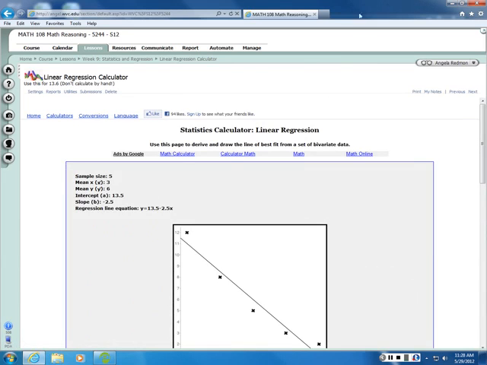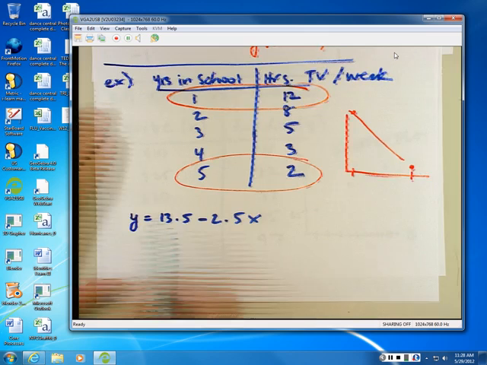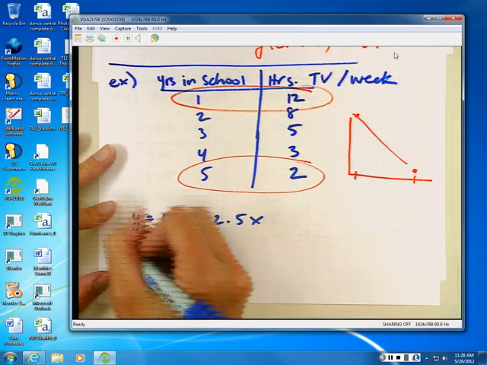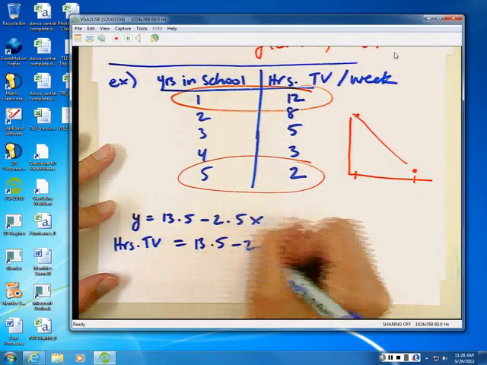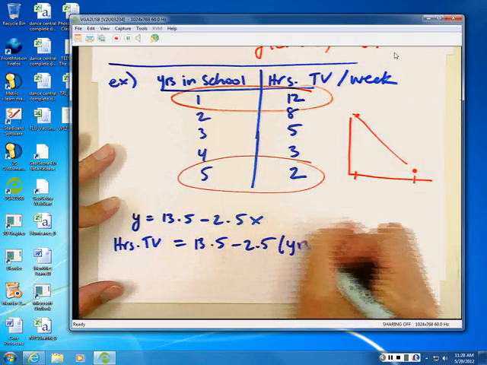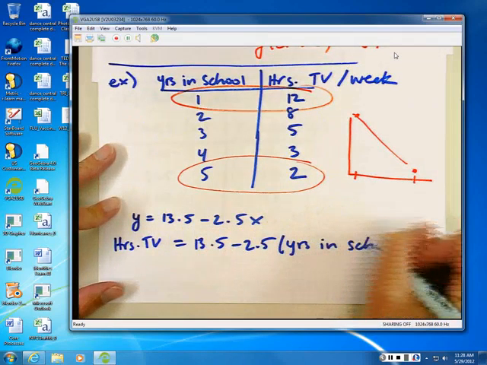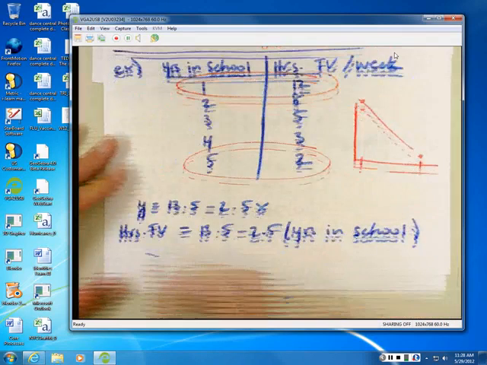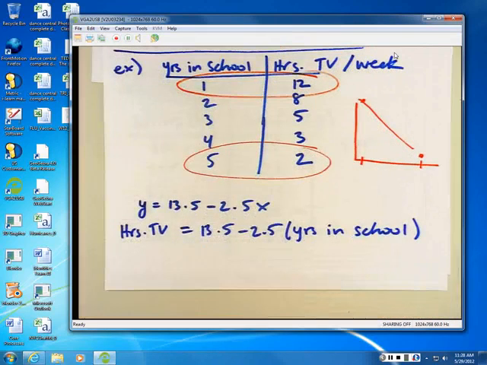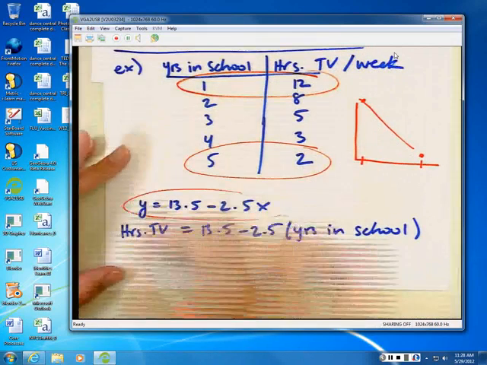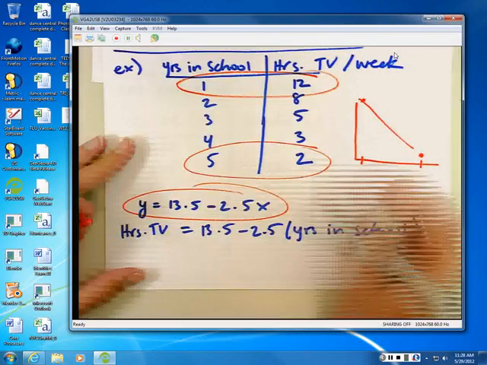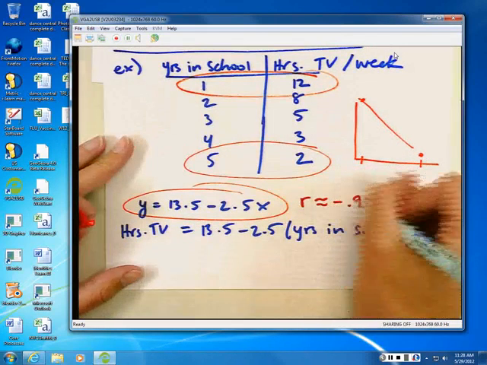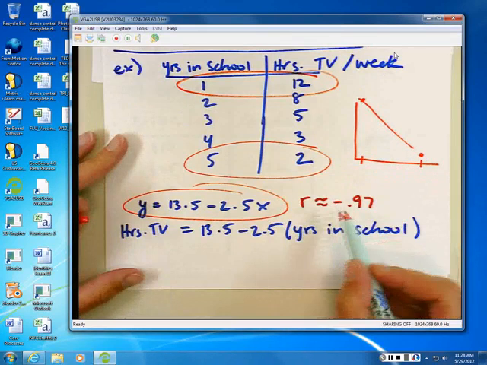Let's go back to the document camera so that we can test this. And what I want to do is to put this equation, so y is hours of TV per week equals 13.5 minus 2.5x. That was years in school. Okay, so remember, this right here is my linear regression equation, which had a nice correlation coefficient, about negative 0.97, strong negative.